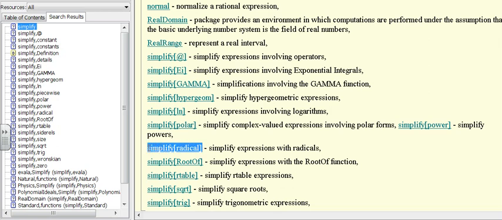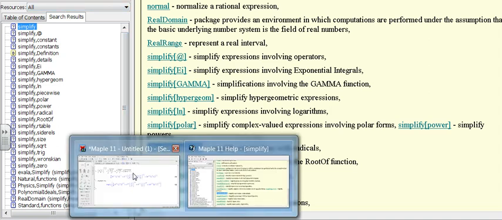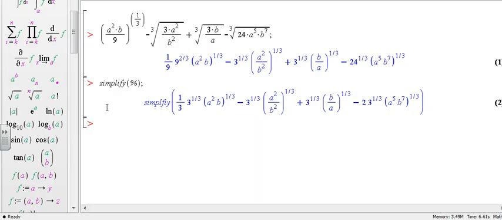Simplify radical. Copy. I'll put it here. Paste. Did it just do the same thing?